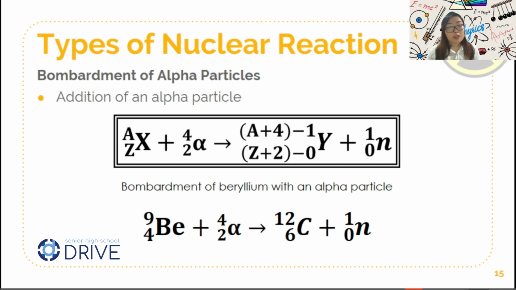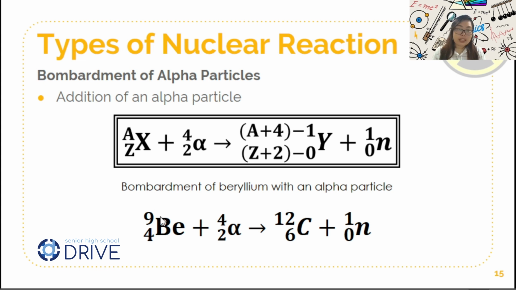Now, when beryllium-9 is bombarded with an alpha particle, take a look at this one. It becomes carbon-12 with the release of another particle, which is a neutron. Okay? Sometimes, this one may happen. Right? Especially in the case of carbon, because carbon-12 is the most stable isotope of carbon. That's why it doesn't need this neutron anymore. That's why it's released. Okay?